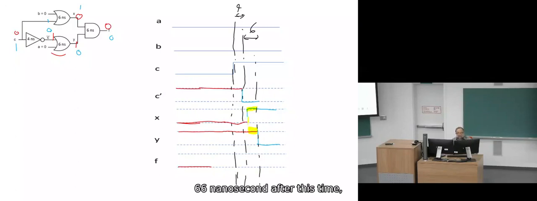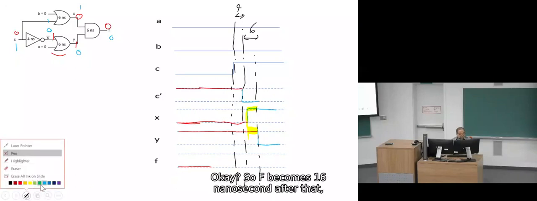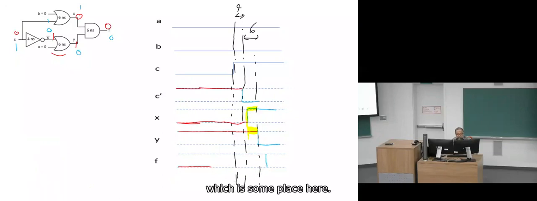6 nanoseconds. 6 nanoseconds after this time, when both of them get 1, f becomes 1. So let's put 1. So f becomes 1 6 nanoseconds after that, which is some place here.